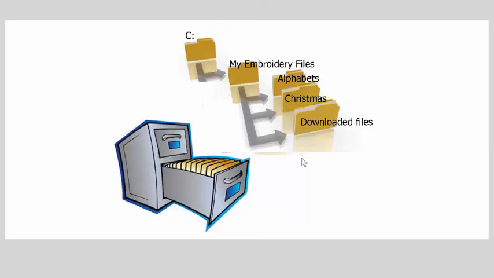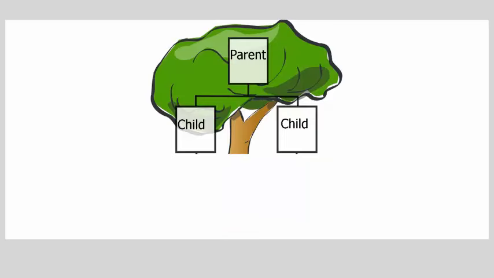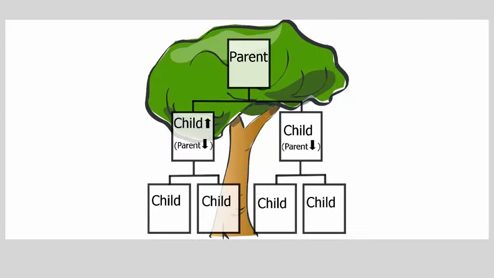For computer use, a folder can have folders within it called subfolders. Sub means under. You would use a subfolder to help organize additional groups of similar designs under a given heading. Sometimes it helps if you think of a family tree. A parent is a folder, and the child a subfolder. If this child has children, they also have a subfolder.